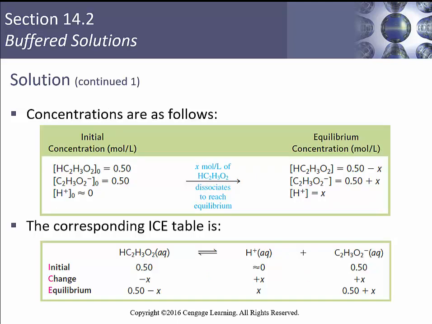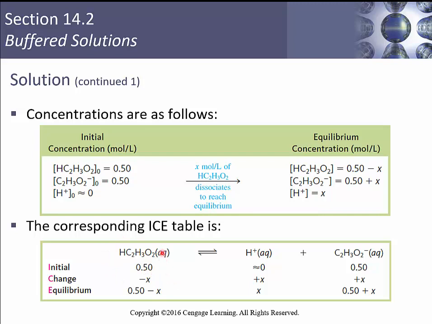So our initial concentrations of each of these are as follows. We've got 0.5 molar of our acetic acid and acetate and no H plus. We're going to lose some acetic acid, we're going to generate some acetate, and we're going to generate some protons. Our corresponding ICE table is set up like this.